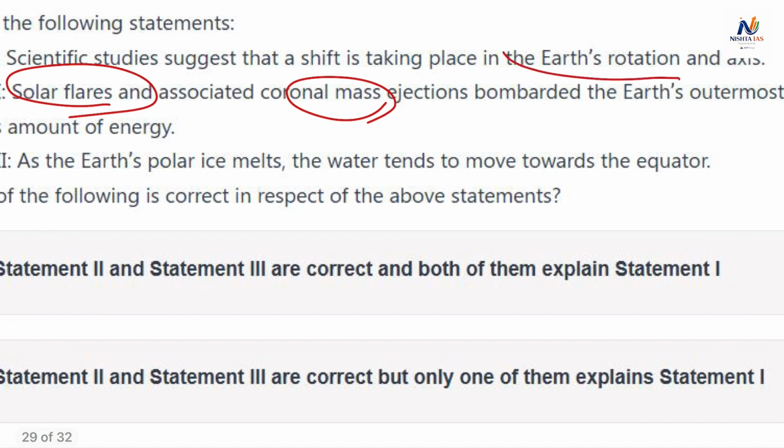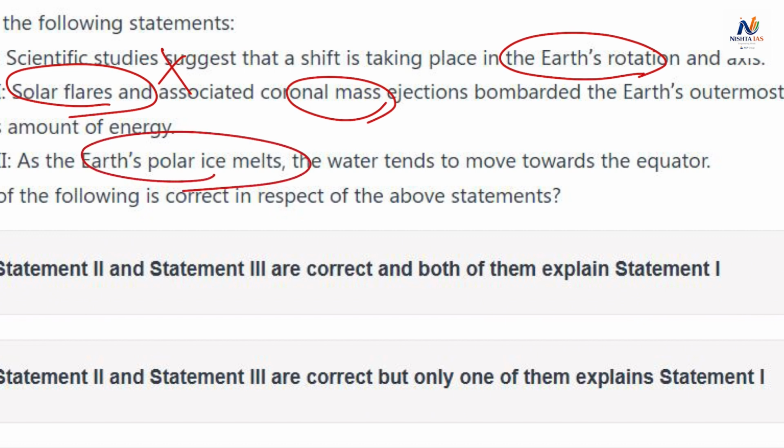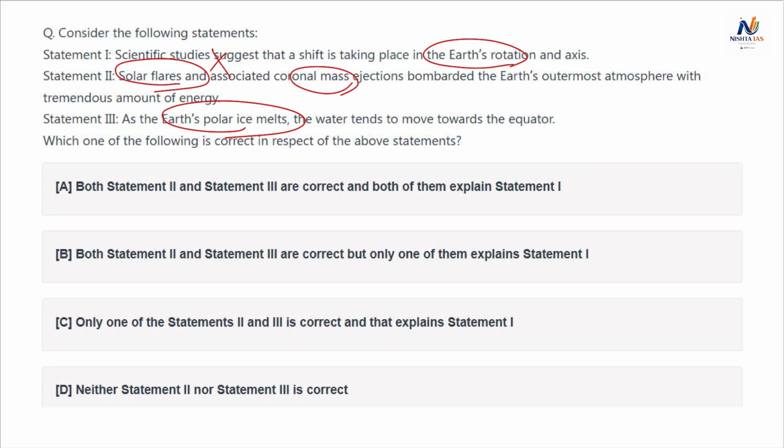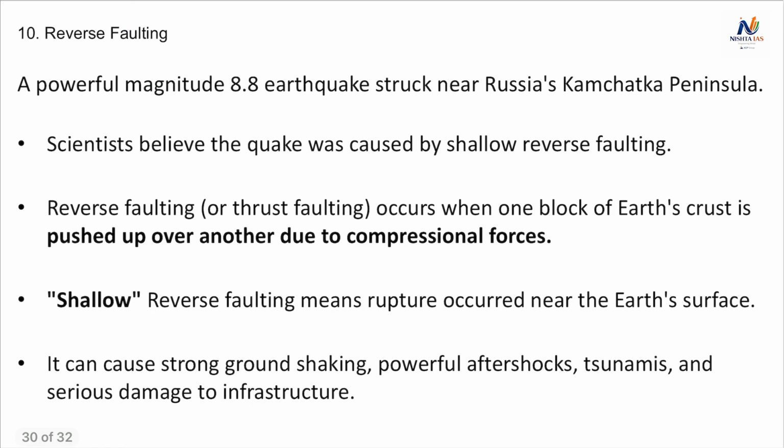We already discussed the question of solar flares. So here is a cross check that if we want the shifting of Earth's axis to take place, it will never happen through the solar flares. It will happen only through a significant change in the plate tectonics or the distribution of density for that matter. So remember this point, and that will help you in solving this question as well indirectly.